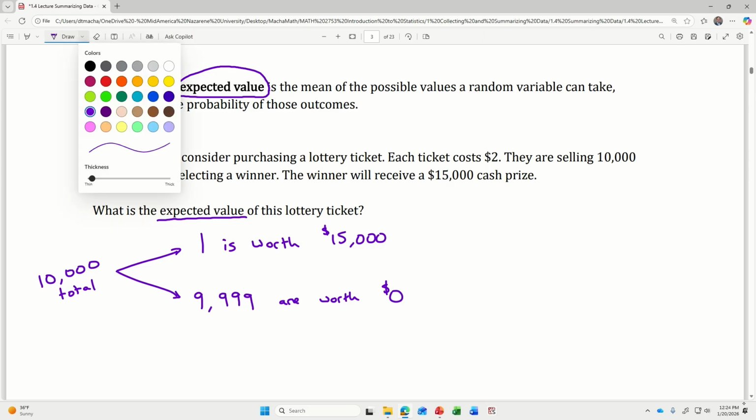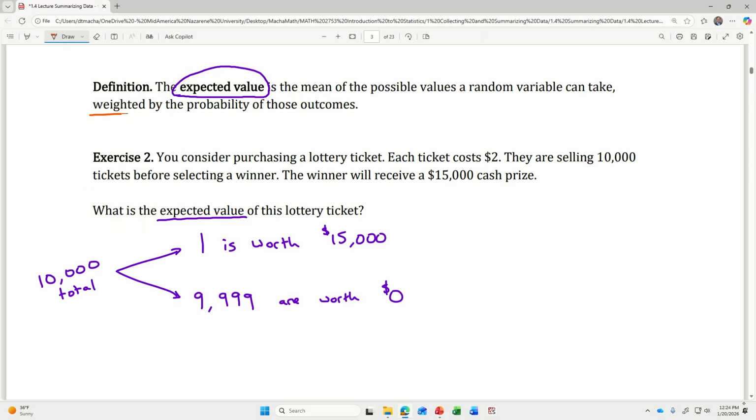So whenever I say the words weighted by the probability, what I mean is the probability of getting this outcome is 1 in 10,000. The probability of getting this outcome is 9,999 out of 10,000.